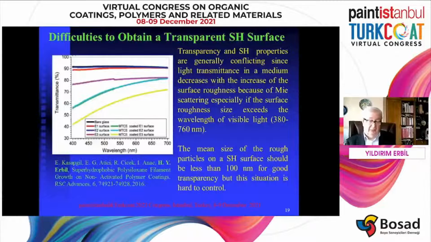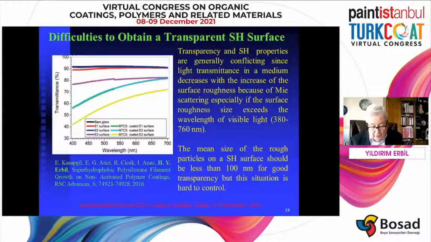Now there are some difficulties in obtaining a transparent superhydrophobic surface. Transparency is required especially for windows and solar panels, but unfortunately transparency and superhydrophobic properties are generally conflicting, since light transmittance in a medium decreases with the increase of the surface roughness, because of the Mie scattering, especially when the roughness size exceeds the wavelength of visible light.